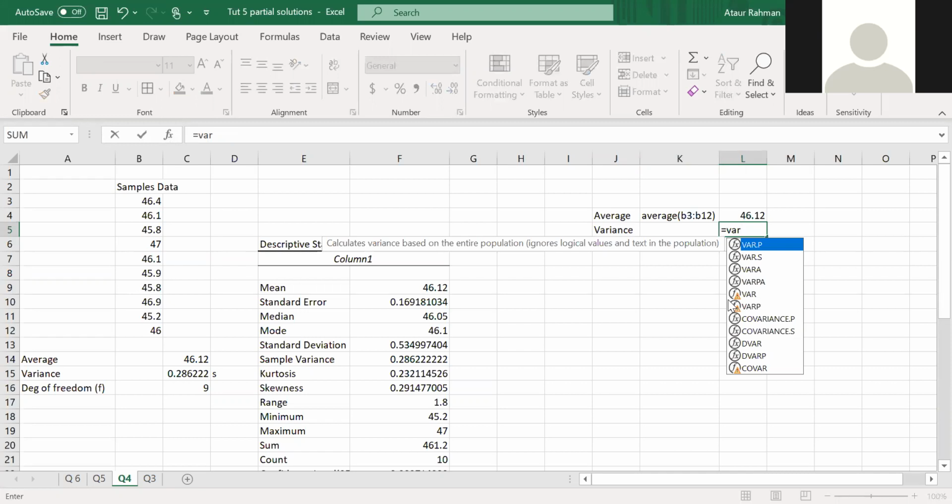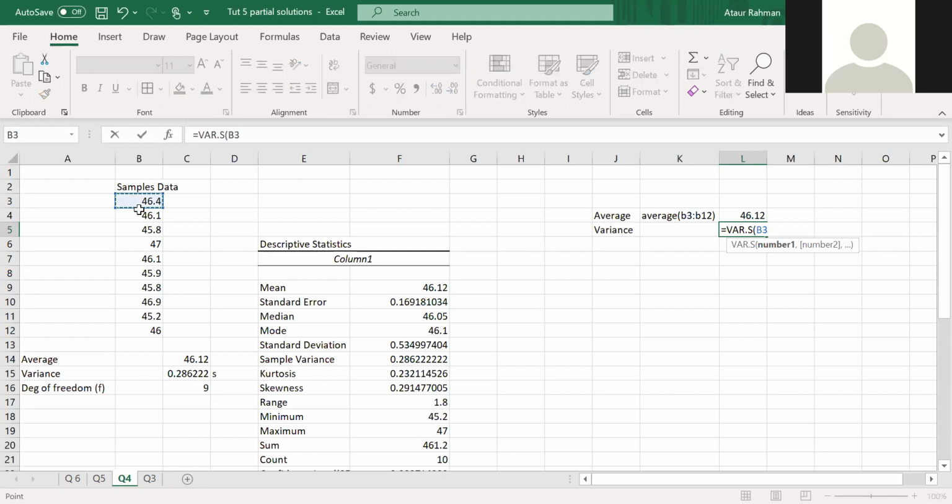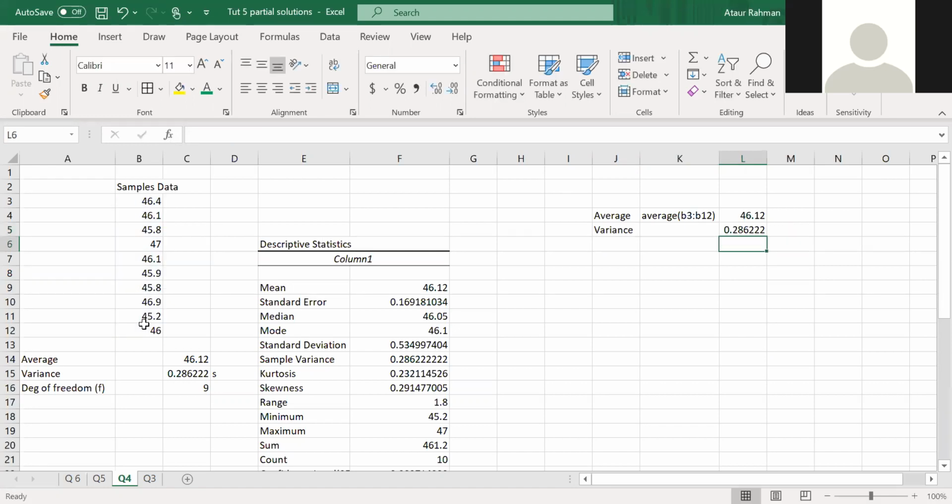There are two variants here: VAR.S, the sample variance, and VAR.P, the population variance. They will give both answers, but it's better to use VAR.S. So this is VAR.S, and then B3 to B12.